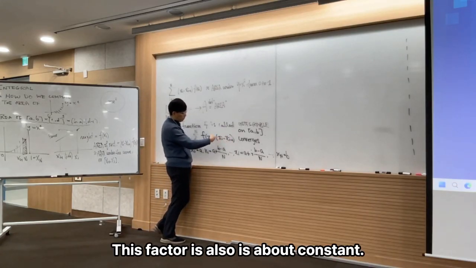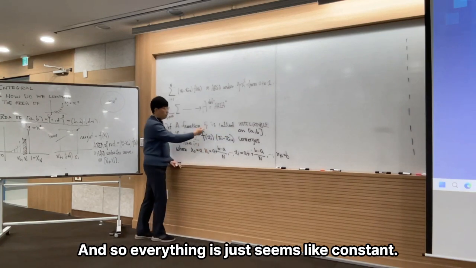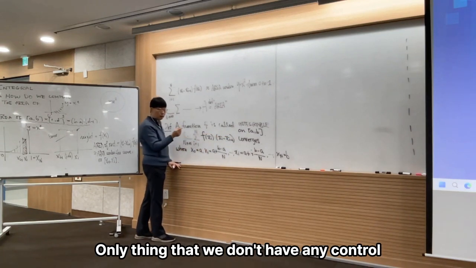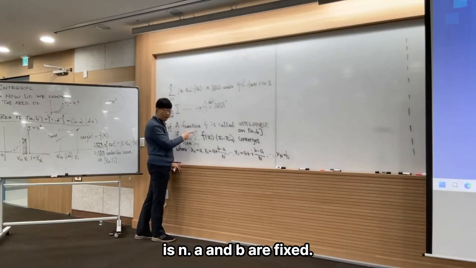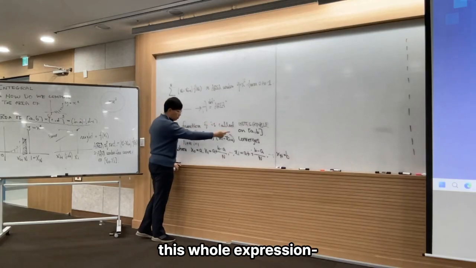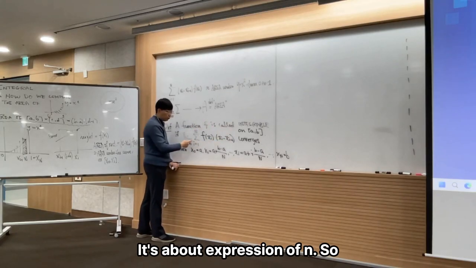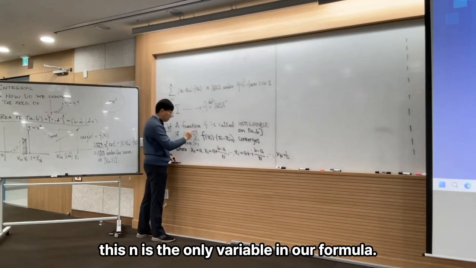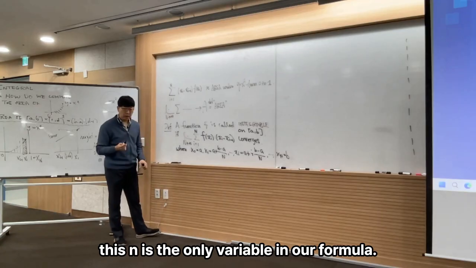So this factor is constant, and everything seems constant. The only thing that we don't have any control over is n. a and b are fixed, i is fixed as 1 to n. So this whole expression is an expression of n. So n is the only variable in our formula.